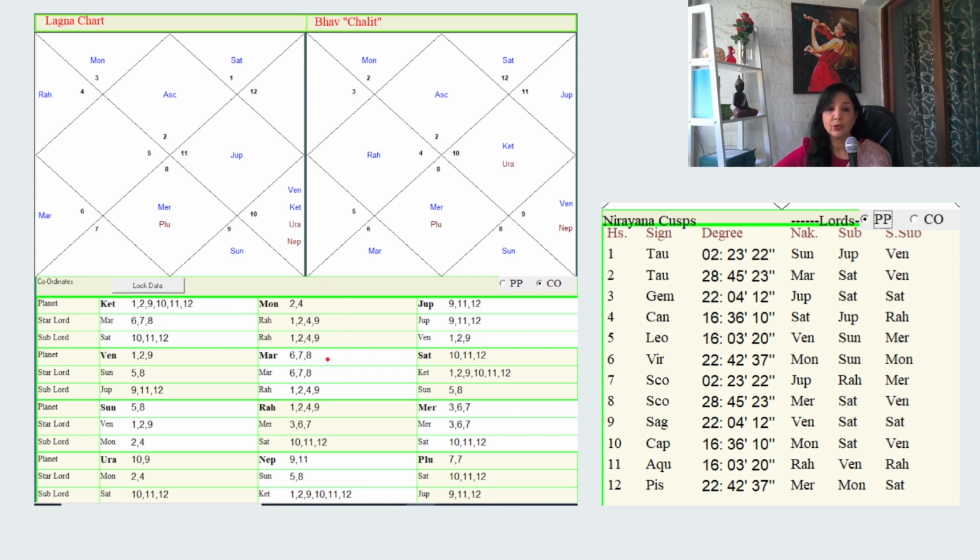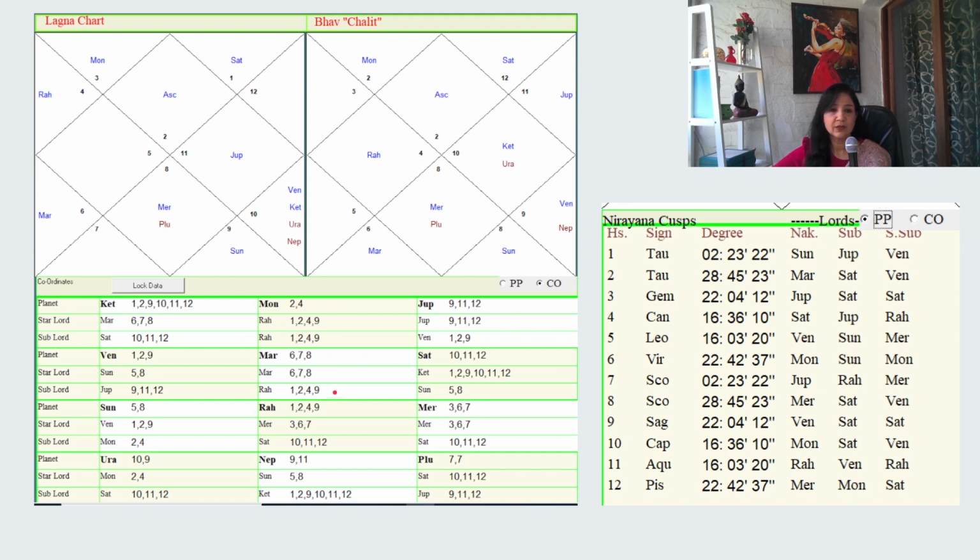Here I will add that if both combinations are there, then one will travel for work or some project, but again will have to come back to the hometown. But the sublord should not negate the travel combination, that is 3, 9, 12. Keep this rule in mind.